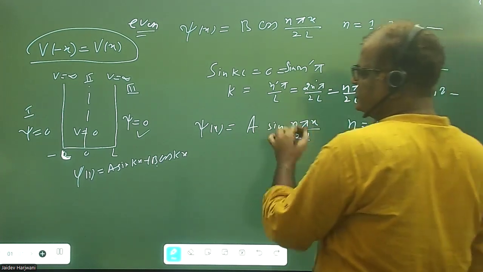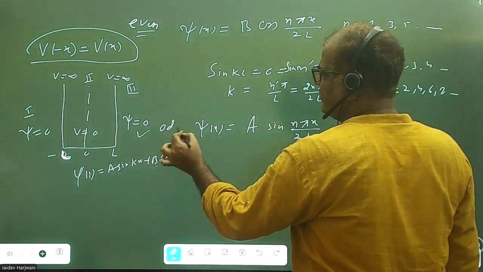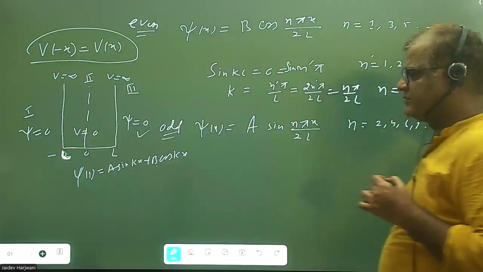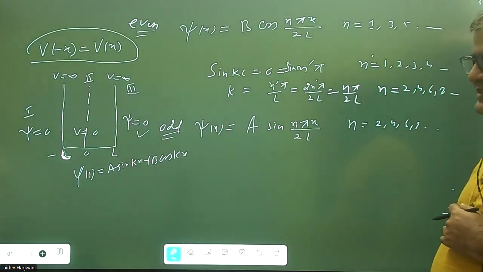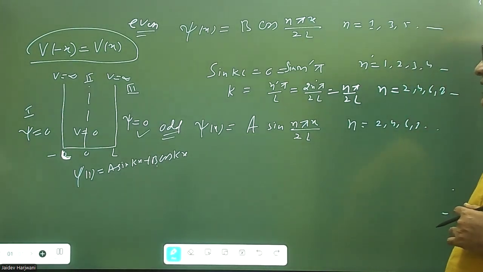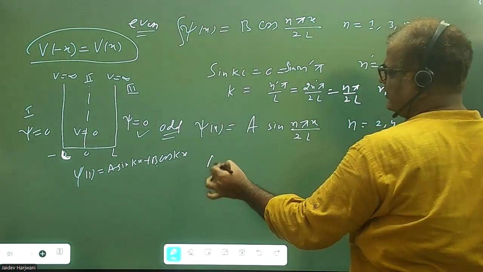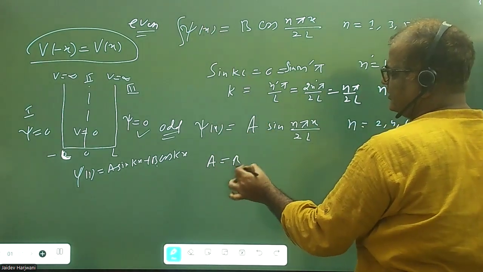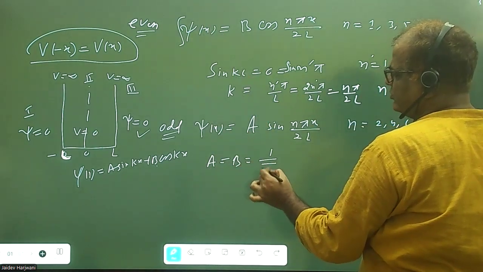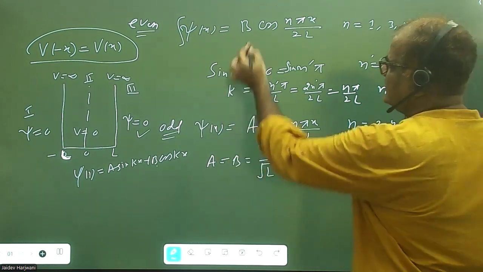These functions are of odd parity. Sine is an odd parity function: sine minus x is equal to minus sine x. If I normalize these two functions, you can check that A and B come out as 1 upon root L.